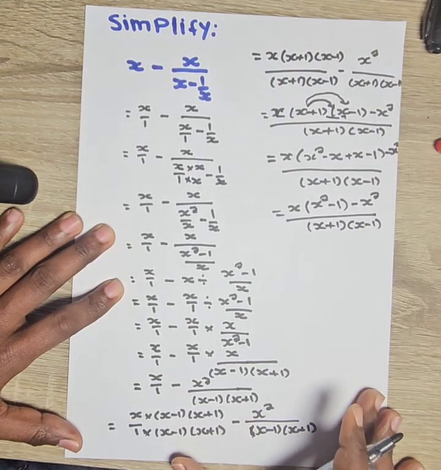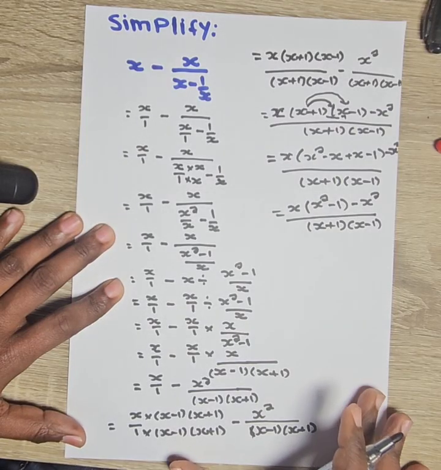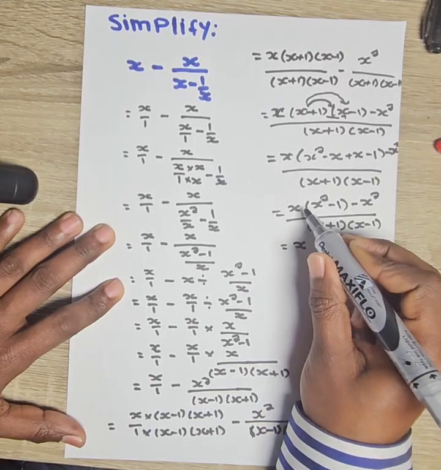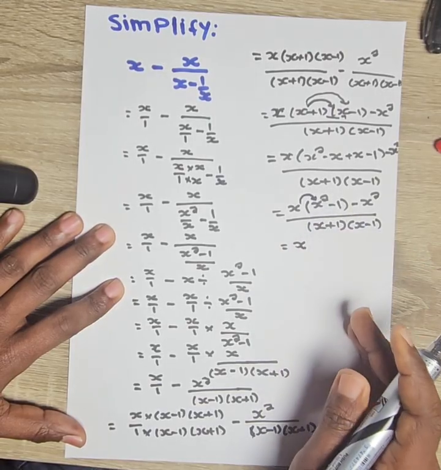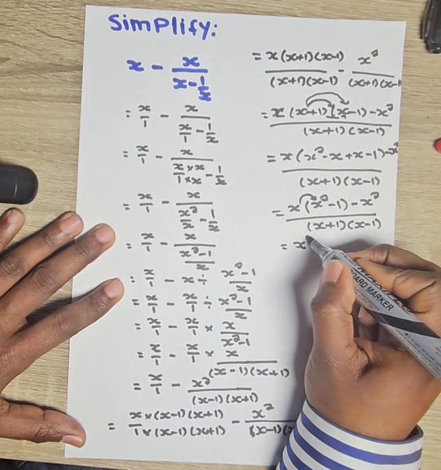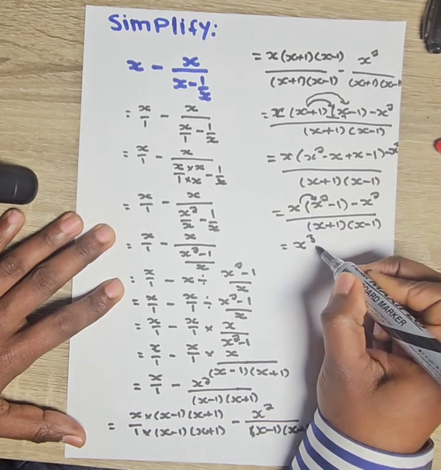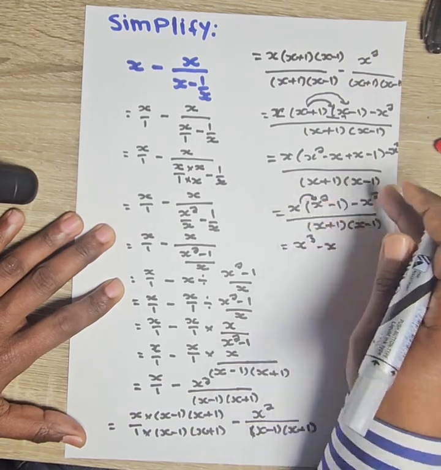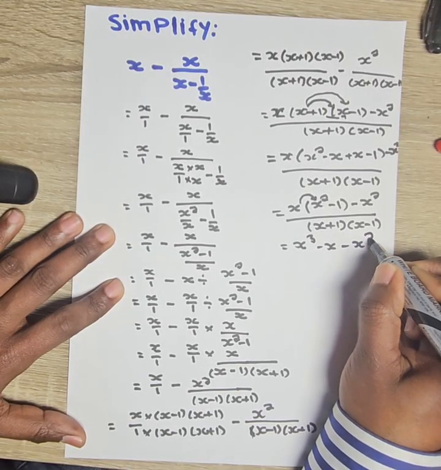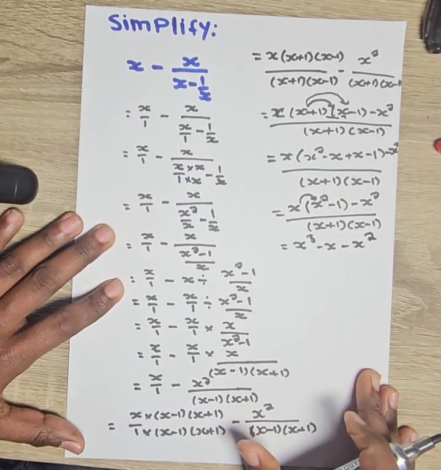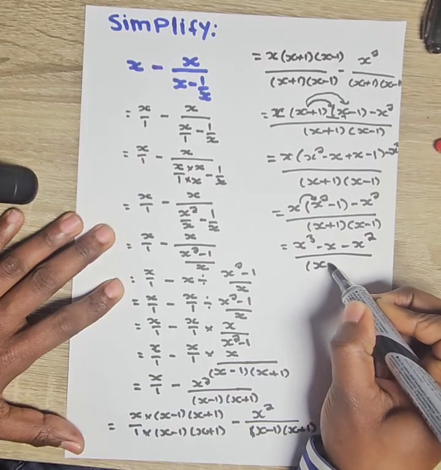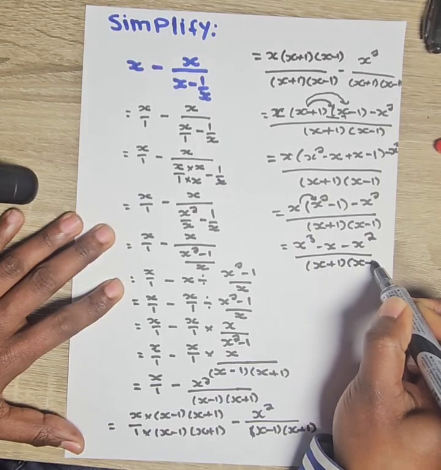Now, let's get rid of the bracket by multiplying this x by each term inside the bracket. x times x square, x cubed, x times minus 1 minus x, and then we will have x square, that was the one we were keeping, over x plus 1 x minus 1.